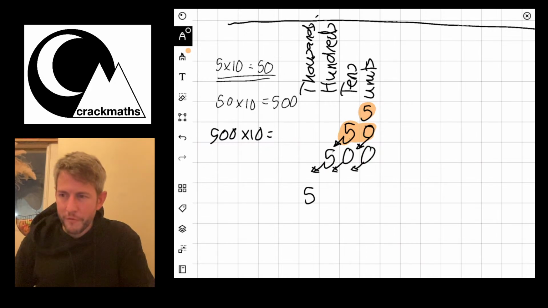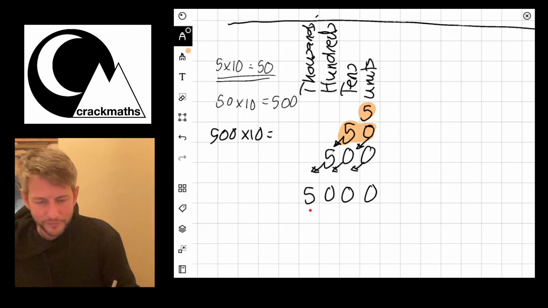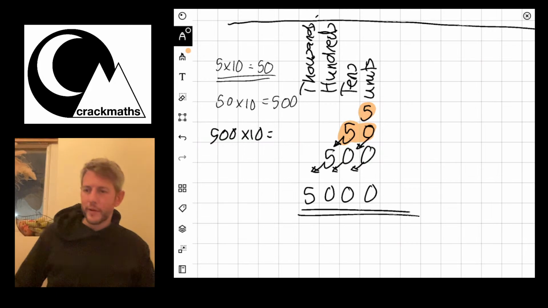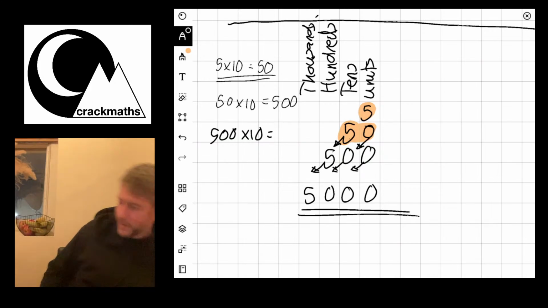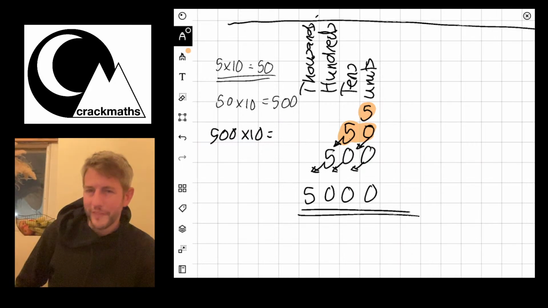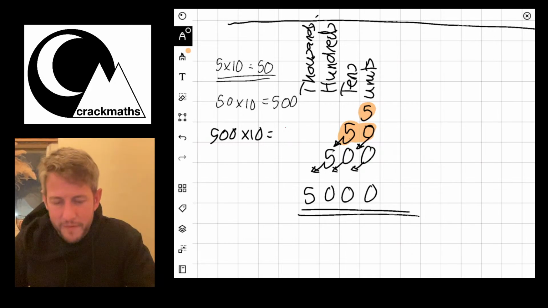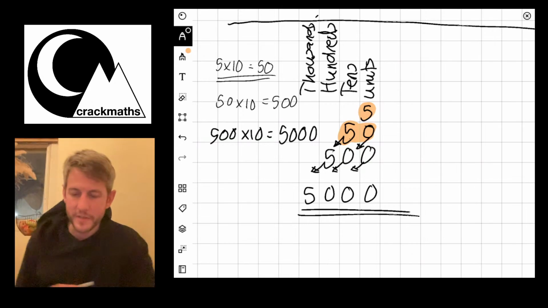So we're going to end up with 5,000. Okay, great. So that is all very well and good. Sorry, I've just lost my slipper. Right. There we go. So we need 5,000. 500 times 10 is 5,000.